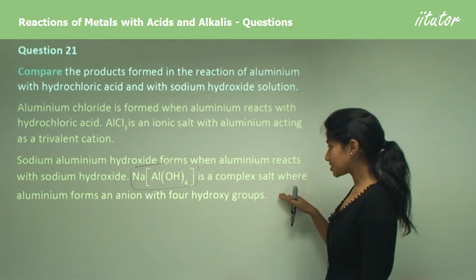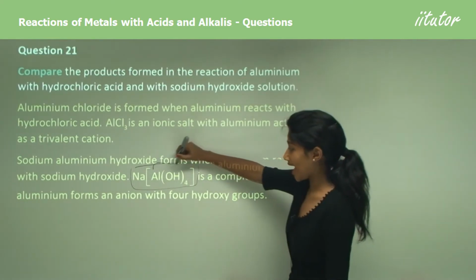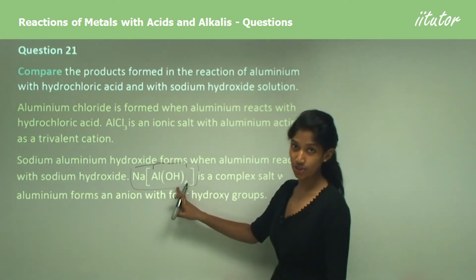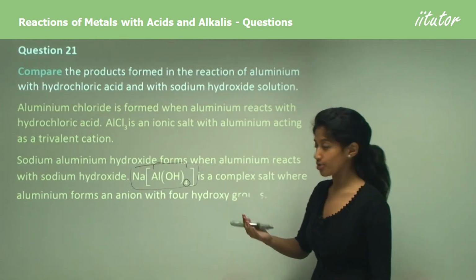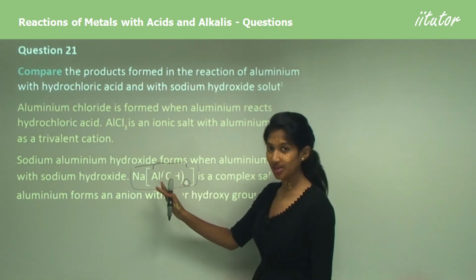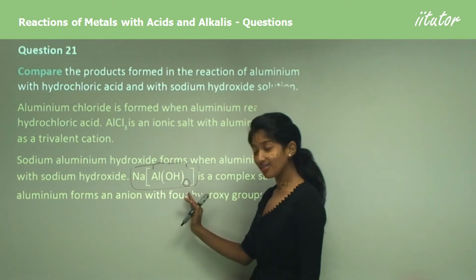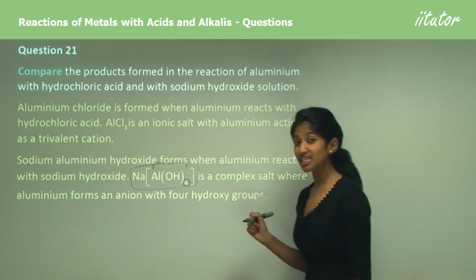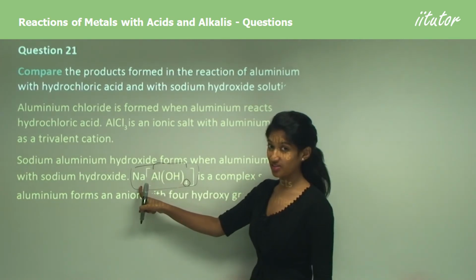It is a complex salt where aluminium forms as the anion. So this part is the anion with 4 hydroxy groups. As you can see here, 4. That's why it's called a tetrahydroxy group. When it reacts with the aluminium, it makes the aluminate ion. Now the aluminate ion reacts with the sodium. Remember that the aluminate ion has a valency of -1 and sodium has a valency of +1.